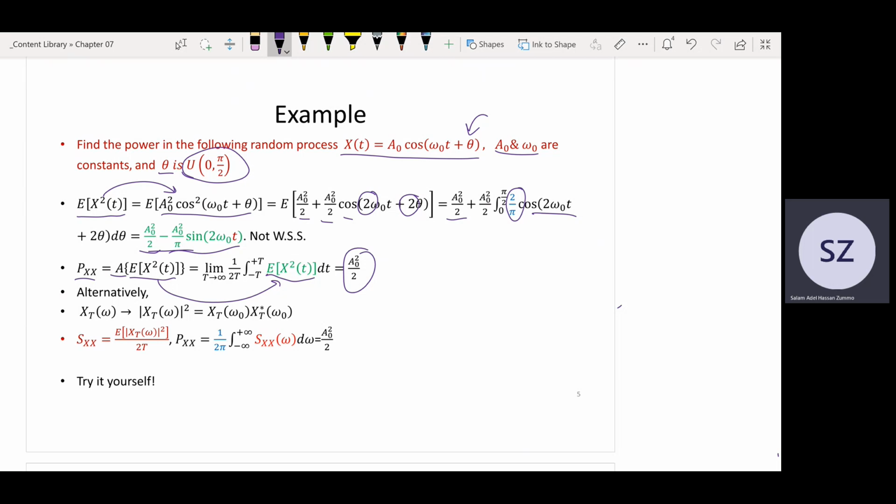Now, after that, take the magnitude squared, and then the PSD will look like this magnitude squared divided by 2T. And the average power will be this magnitude squared, which is the ESD, integrated from minus infinity to infinity over omega. And if you do this, you will get A0 squared over 2.